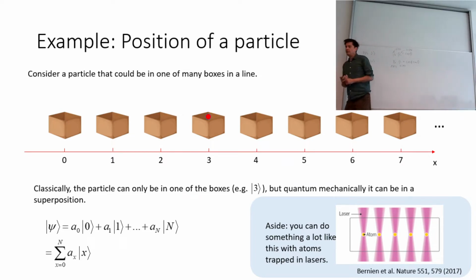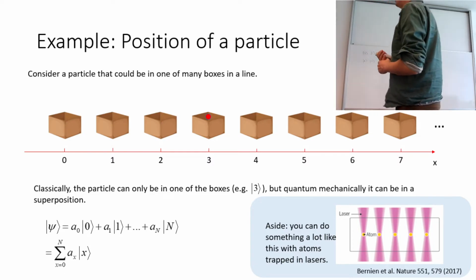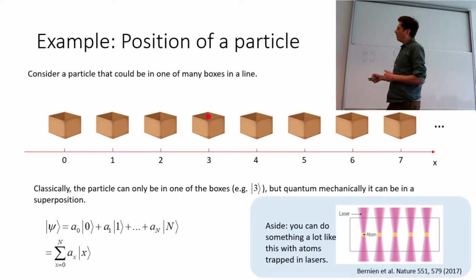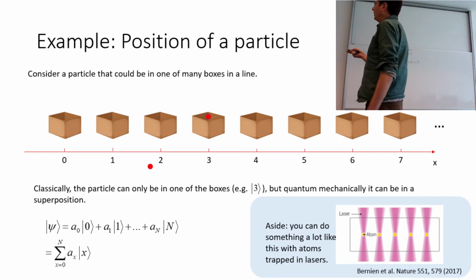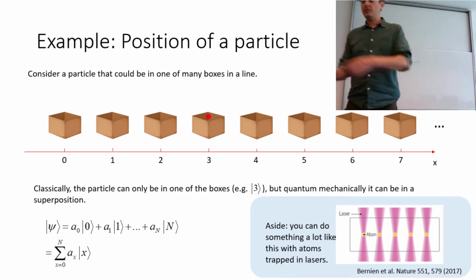And so let's look at this made up example, but maybe not too unrealistic. Consider there's a particle and it's in one of these boxes somewhere. Okay? So there's maybe 8 boxes here, actually maybe more, lined up, and the particle can be in one of those boxes. Now, classically, basically this is like a guessing game, right?